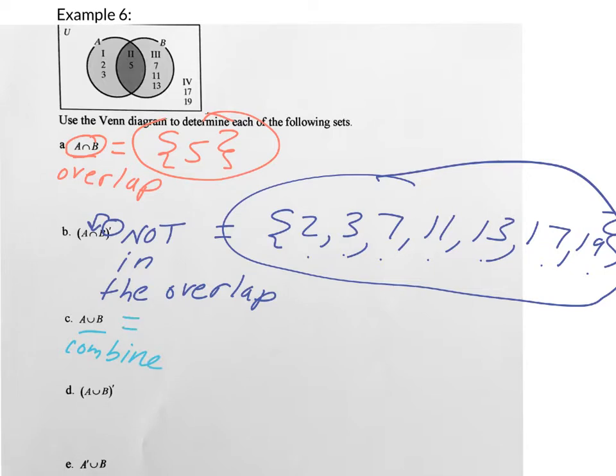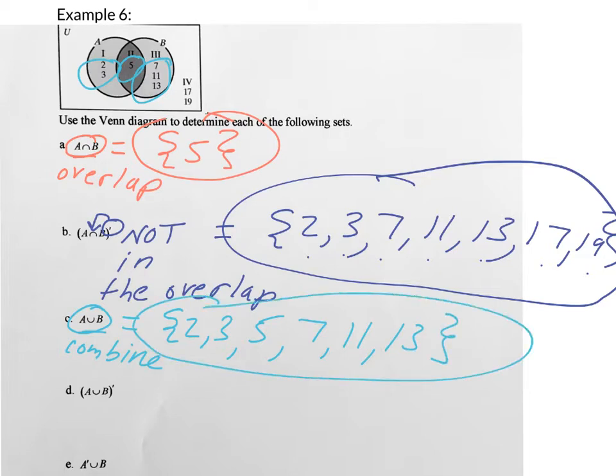It still means that. So just simply combine these two circles together and list all the elements in the circles. So we have a 2, 3. We have a 5. And we have 7, 11, and 13. After we combine the circles together, that's going to be our final answer.